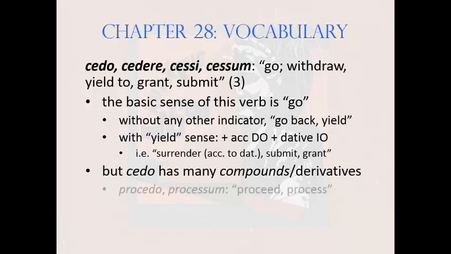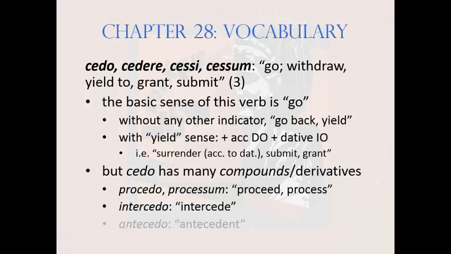For instance, procedo, processum, meaning go forward, became English proceed and process. Intercedo, go between, turned into intercede, and antecedo, go before, antecedent. There are many more examples of this sort.